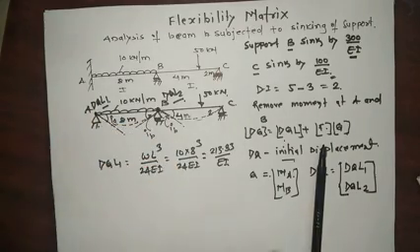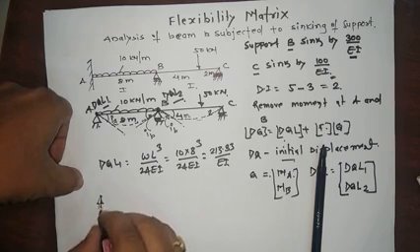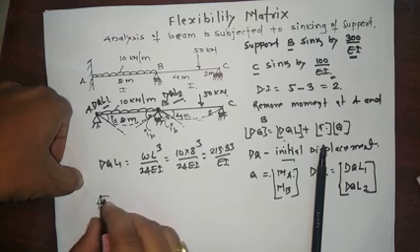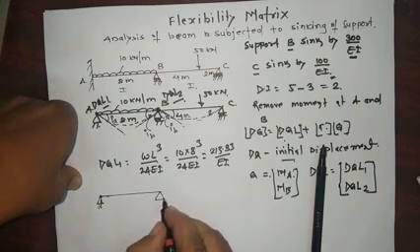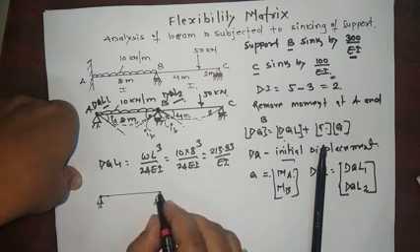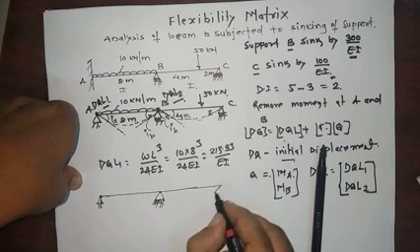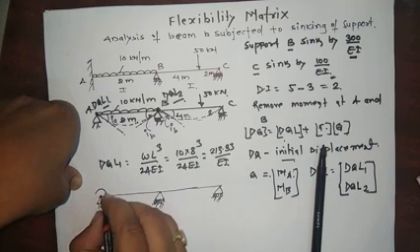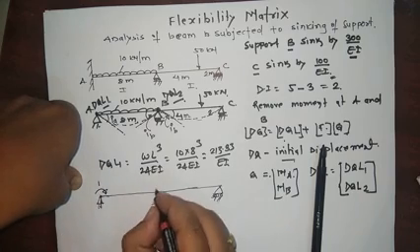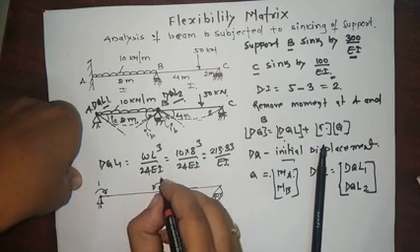Now here we are assuming this type of rotation 1, and here 2.